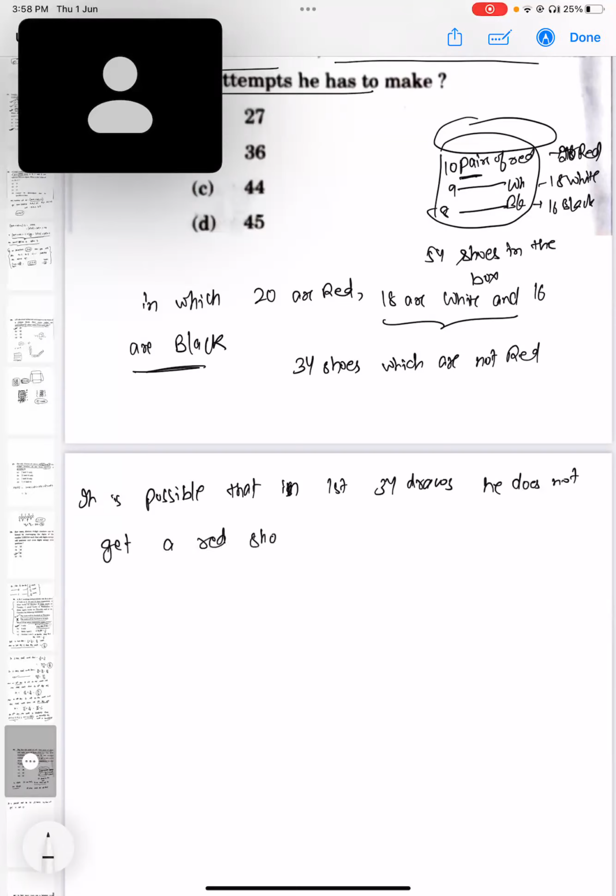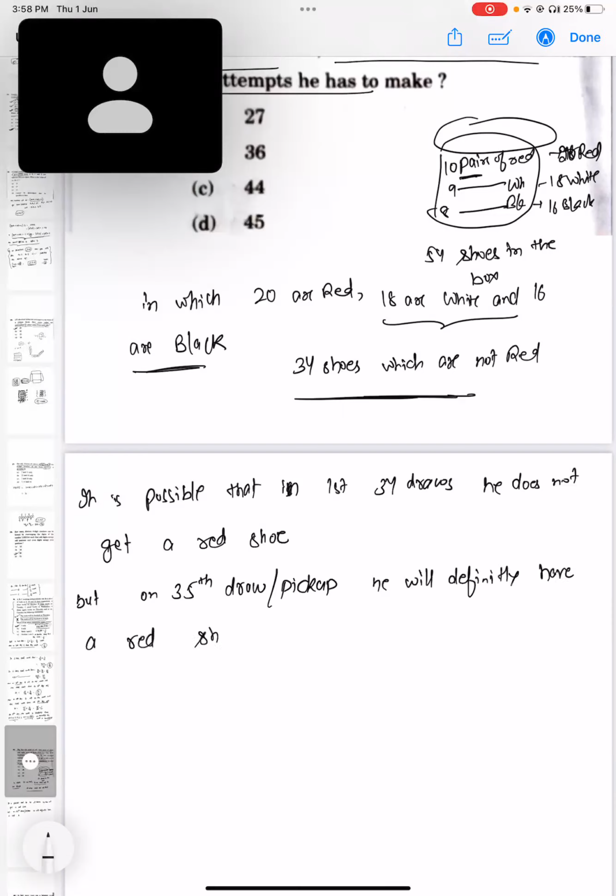It is clearly possible because there are already 34 shoes which are not red. But on the 35th pickup, he will definitely have a red shoe, right? Fine.